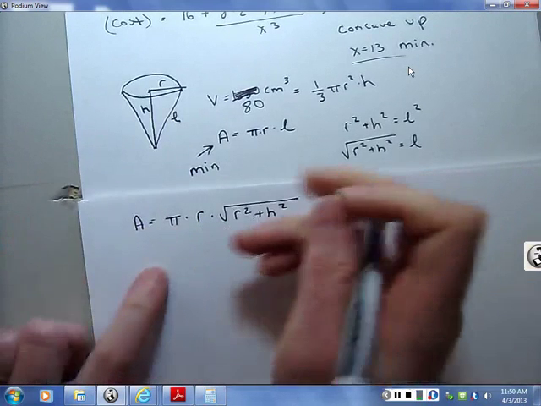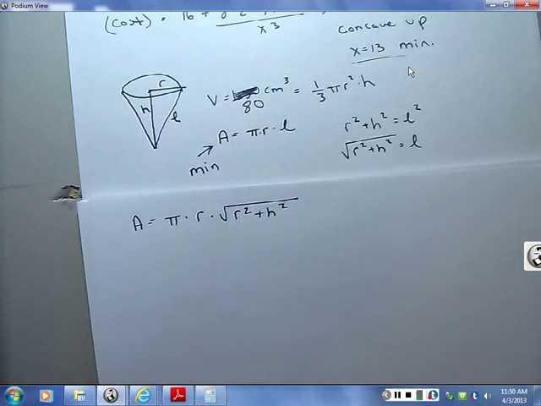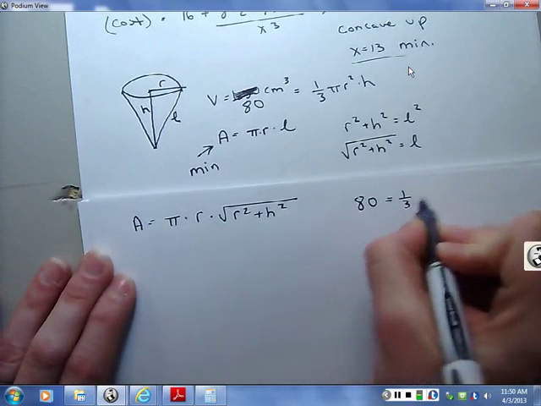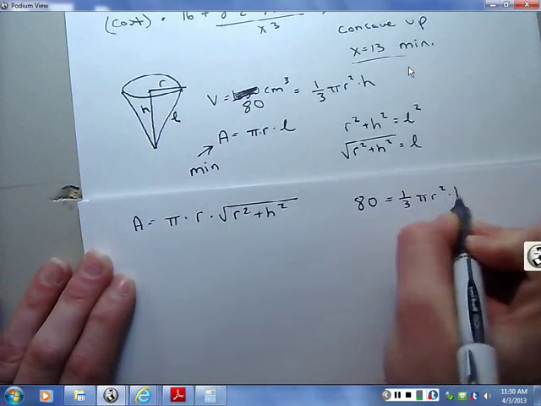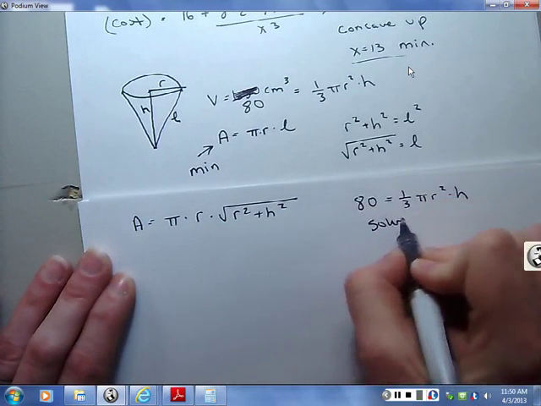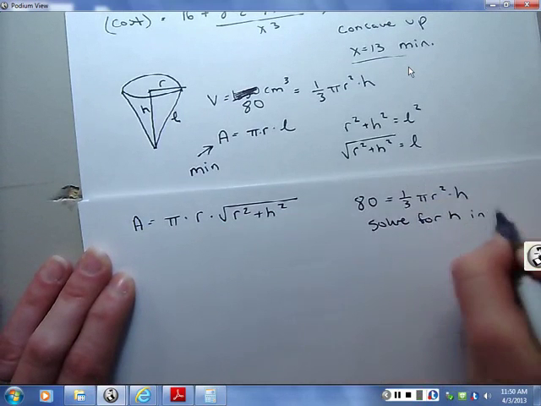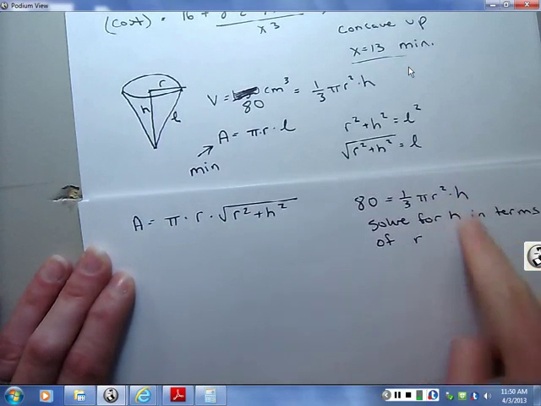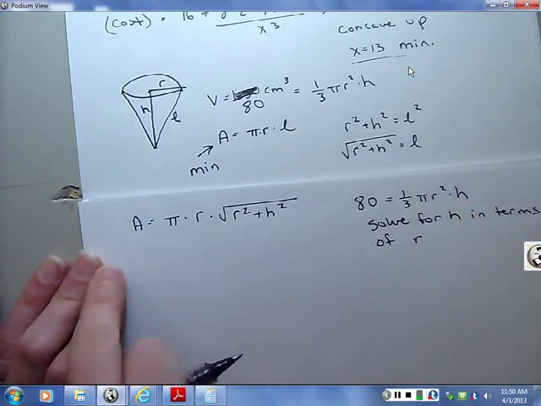So now I have a function of R and H. So I'm going to use 80 equals 1/3 pi R squared times H. Solve for H in terms of R, and then plug that in for H, and you have A in terms of only R.